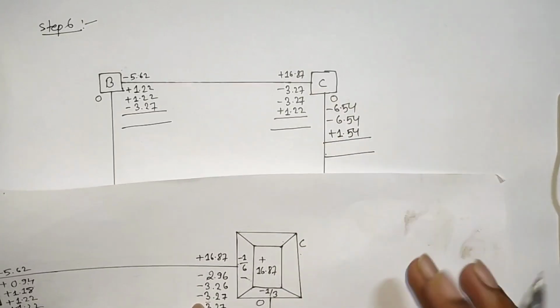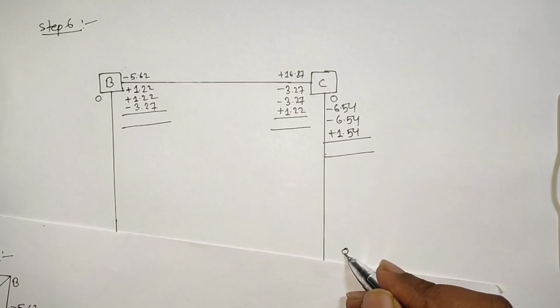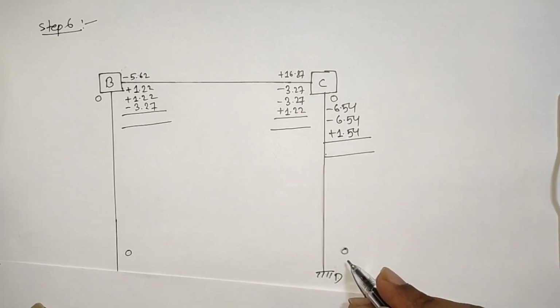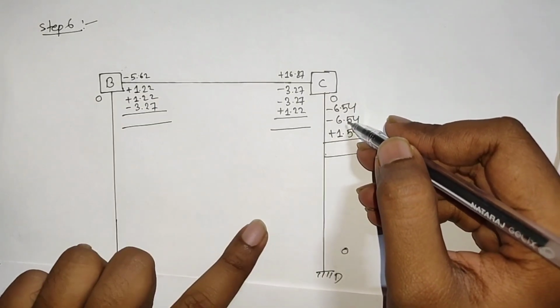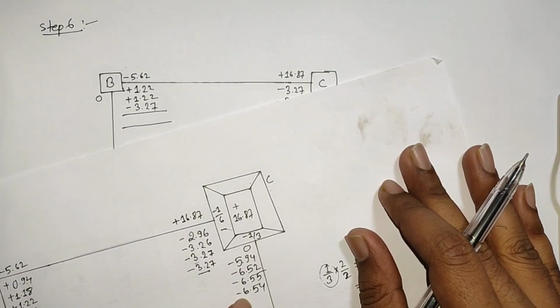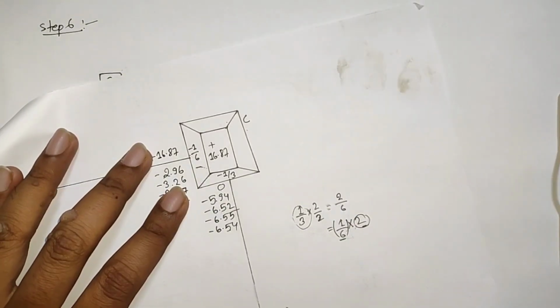Add this value. Now here the moment due to the fixed moment is 0, the moment due to the near end is minus 6.54, and the moment due to the farther end is 1.54.